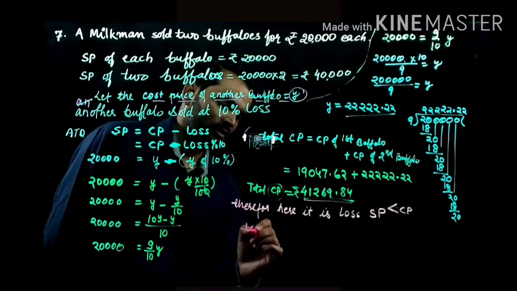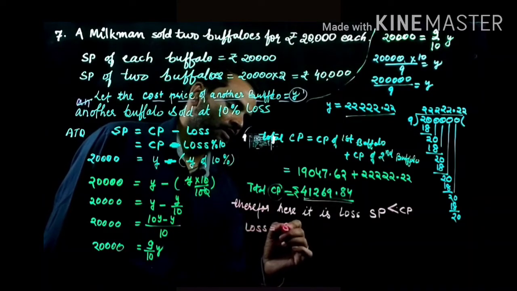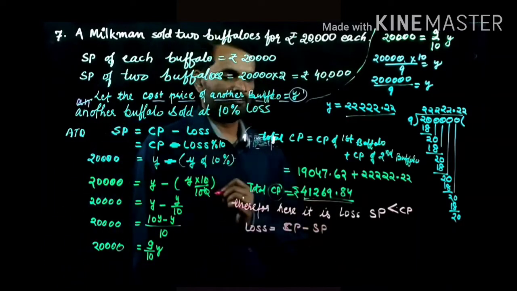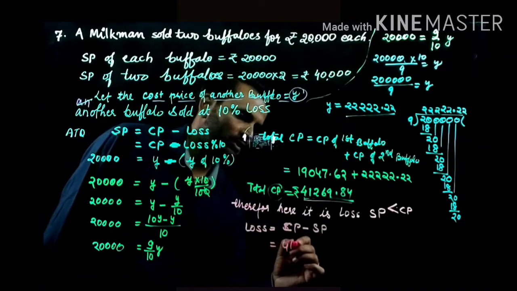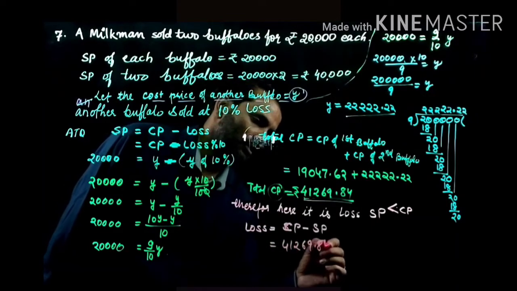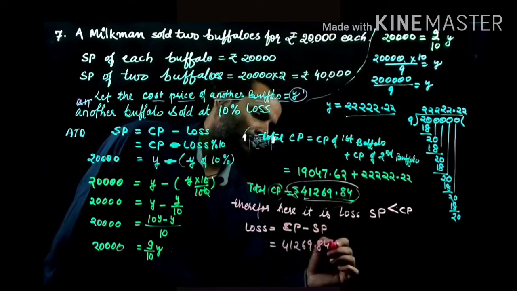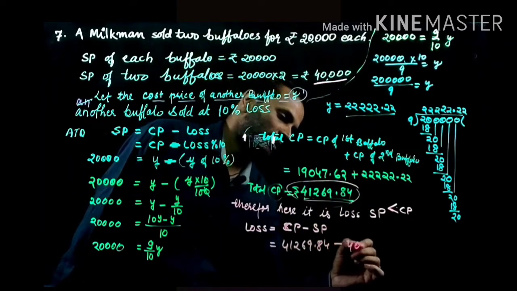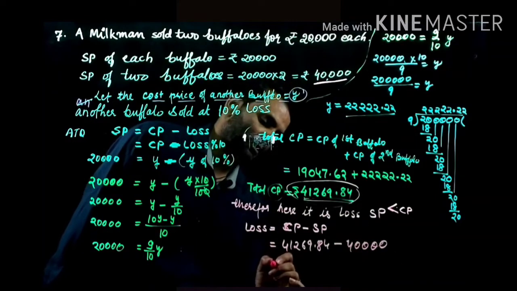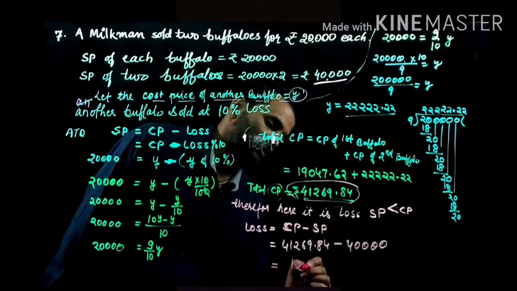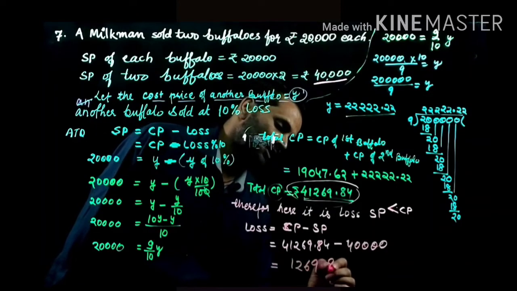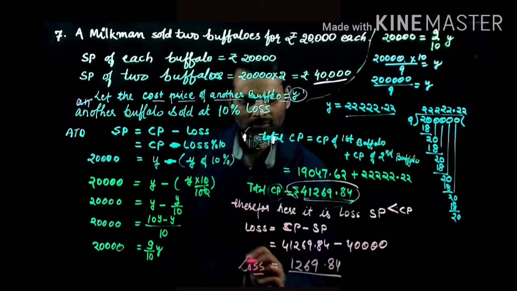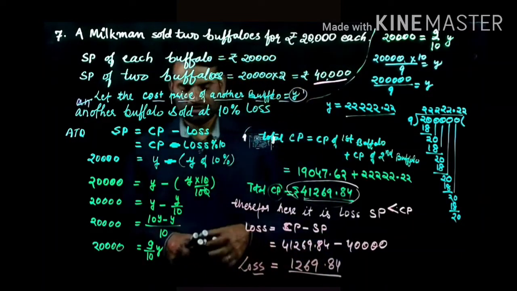So loss is equal to CP minus SP. The CP is 41,269.84, the given total CP, minus the total SP of 40,000. After the subtraction it is 1,269.84. It is the loss. So this is the answer of your total transaction.